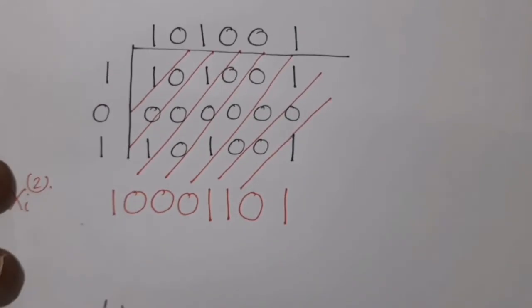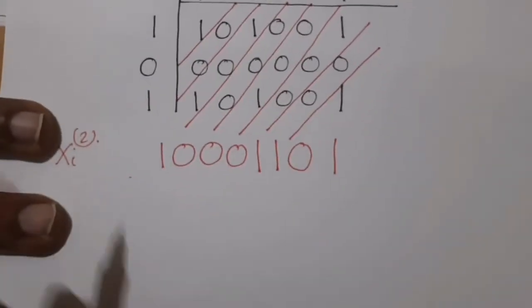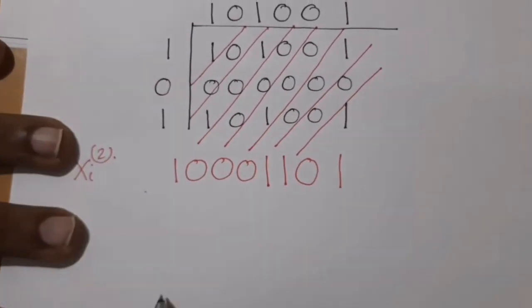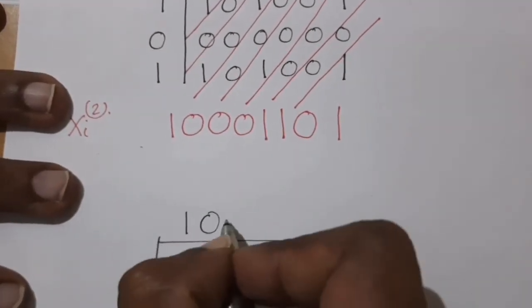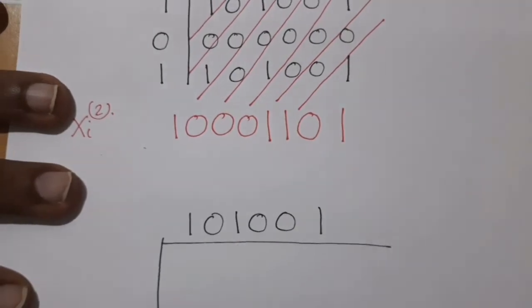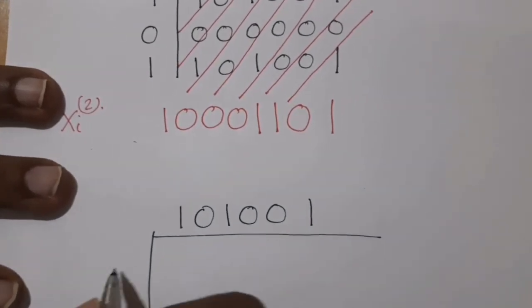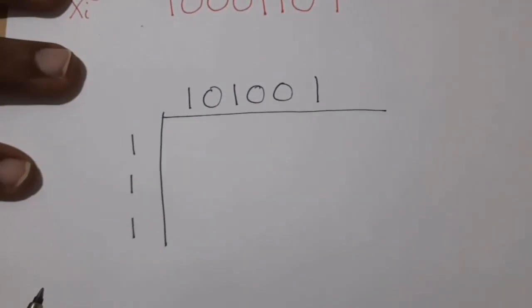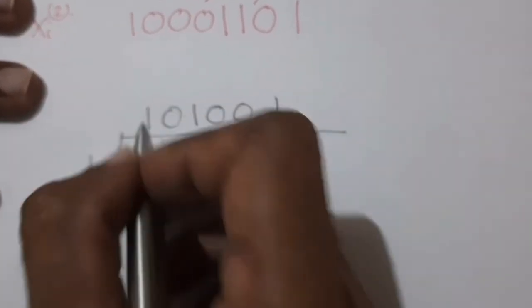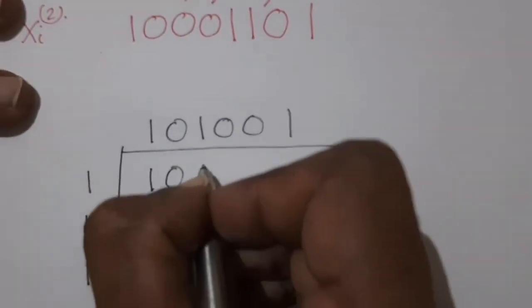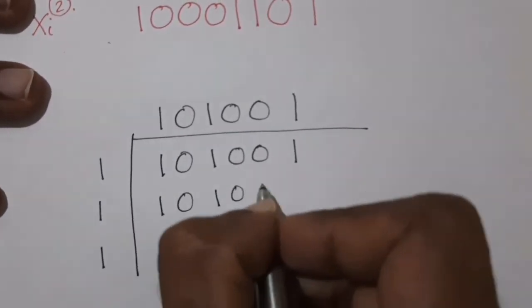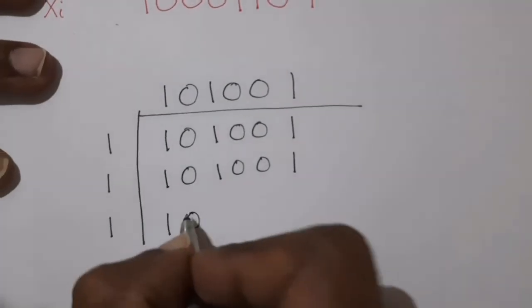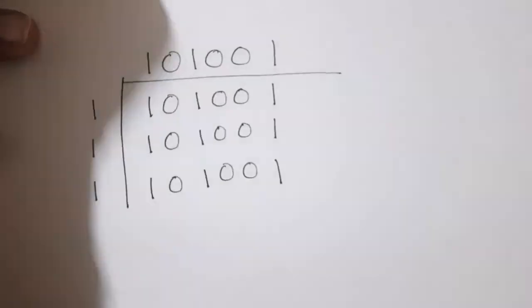Similarly, you can find Xi of 1. How will you find Xi of 1? Write the message sequence here, 101001, and the generating sequence is 111. So when 1 comes, you repeat the sequence here, 101001, 101001, 101001. Now group it diagonally.